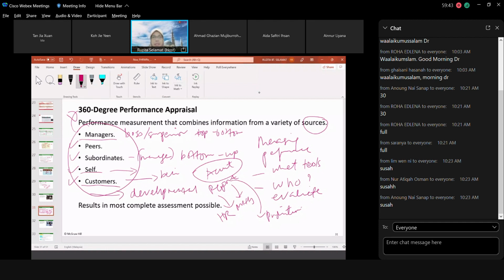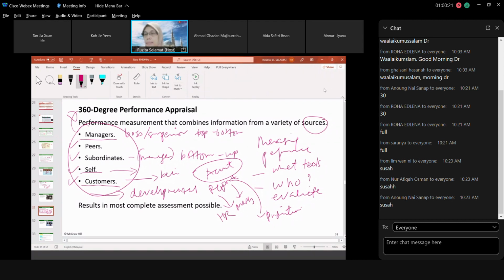If you deal with the manager, the peers, your subordinates, customers, and the company wants all these parties surrounding you to give input about your performance, we call it 360-degree performance appraisal. 360 tu satu bulatan kan. Meaning siapa-siapa yang ada di around you, mereka akan digunakan untuk memberikan maklumat tentang prestasi you. Okay? Boleh?